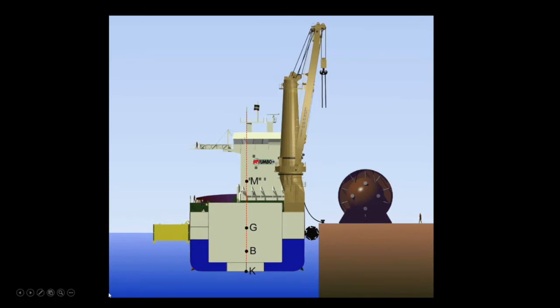We will, in some cases, add a stabilizing pontoon to the side. For instance, Jumbo uses this, whereby you increase the moment of inertia of the waterline area, and you can also use it as a counter ballast. You can fill it up with water.